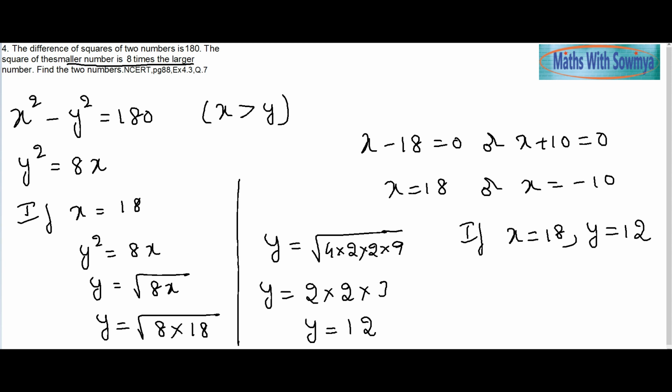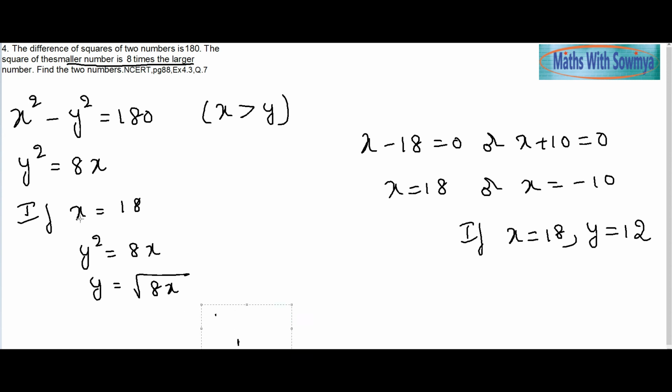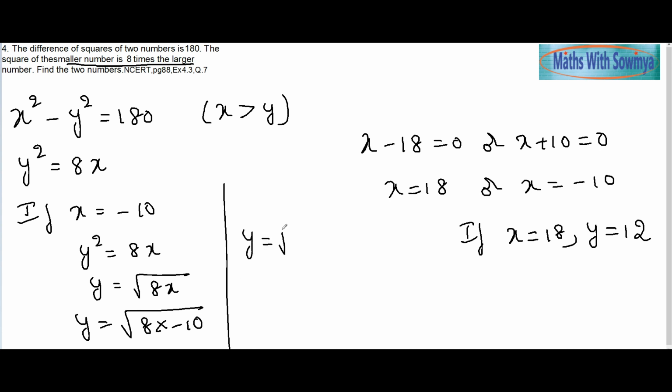Now we can go by taking if x is equal to minus 10, then what will be the value? If x is minus 10, y is equal to square root of 8 into minus 10, y is square root of minus 80, and negative numbers cannot have square roots.